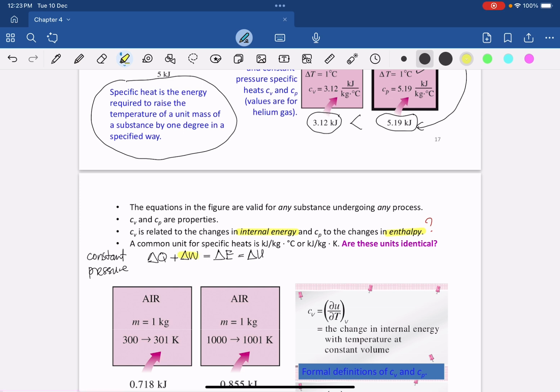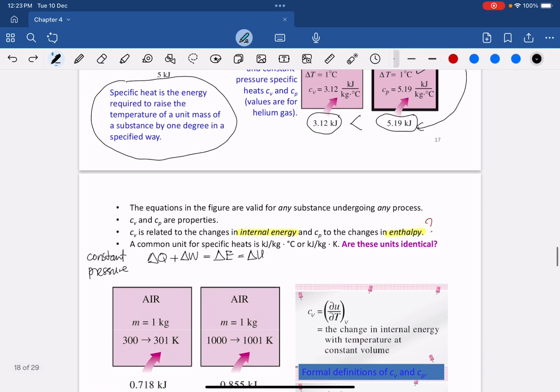If you write the energy content in terms of mCp delta T, and some boundary work, it gives you the change of internal energy, right?